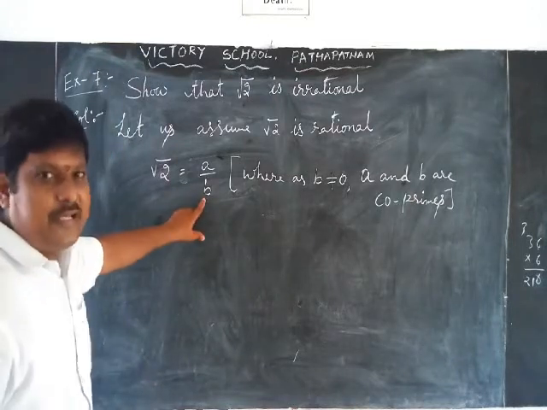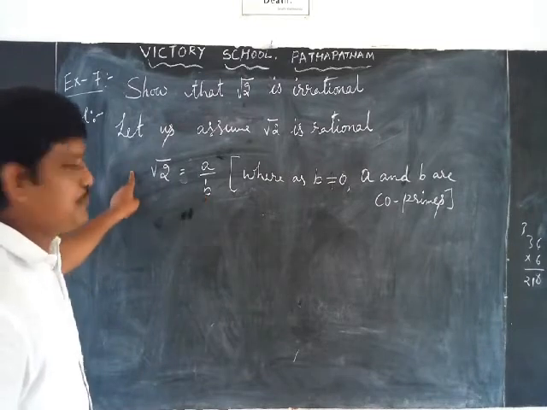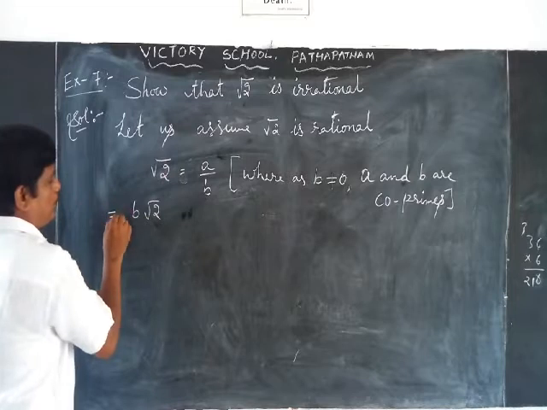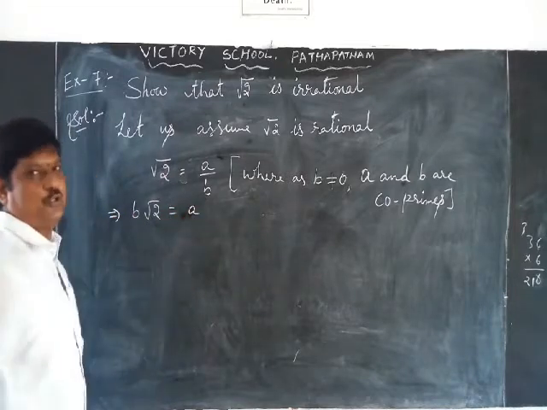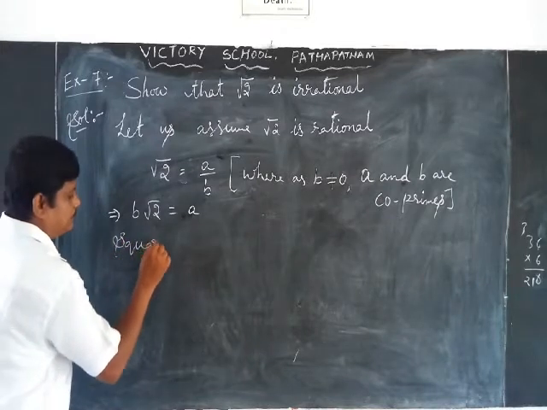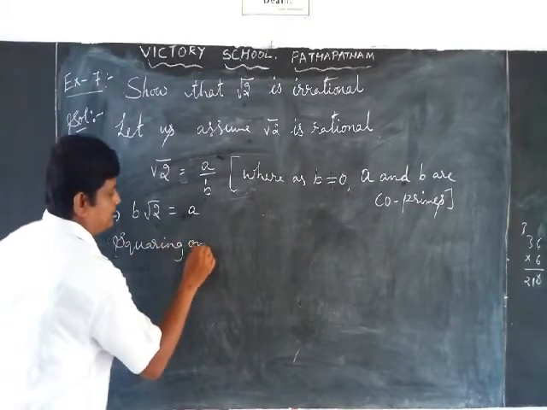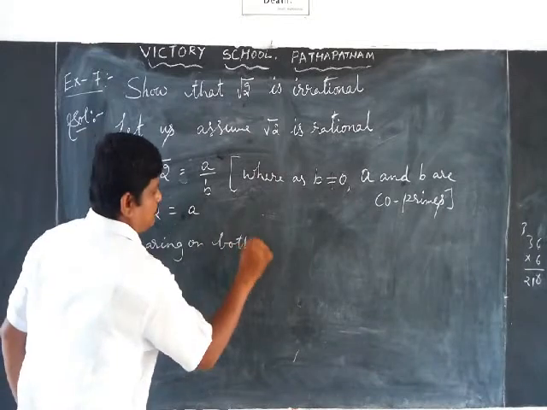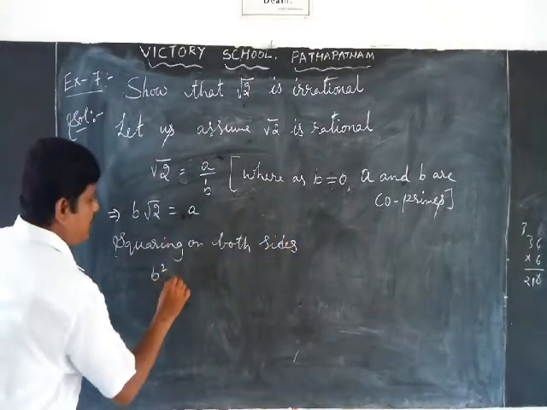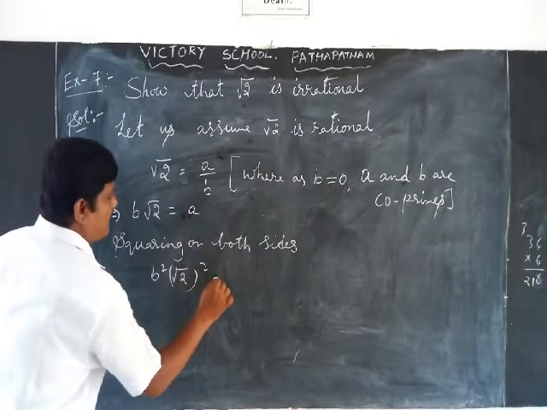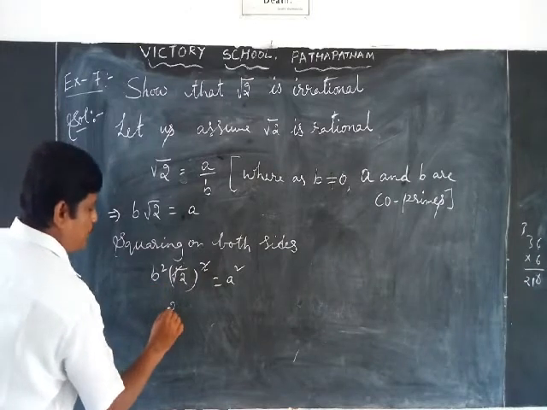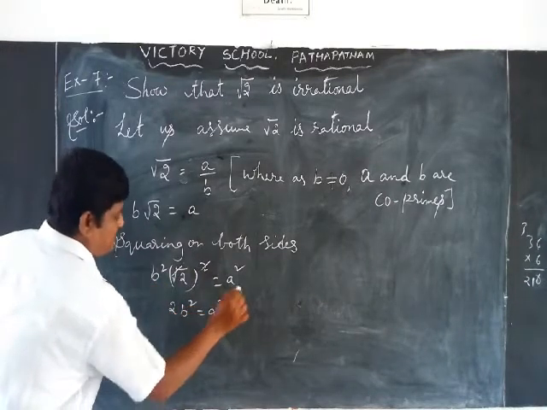Here this b is divided, so it goes to the left-hand side and is multiplied. B into root 2 equals a. Squaring on both sides: b square into root 2 whole square equals a square. Square and root cancel, so 2b square equals a square.